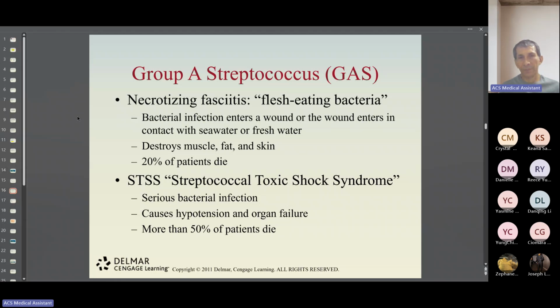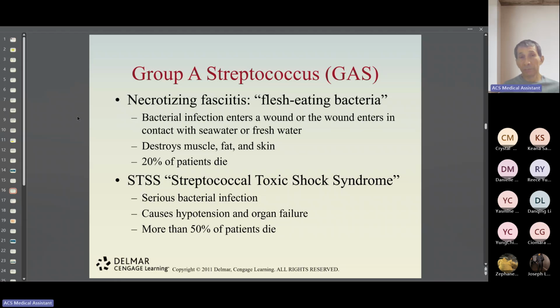Very serious. So basically, you need to have a port of entry through your skin. And sometimes you might find these streptococcus in places like certain rivers, lakes, ponds, even the sea. So we don't know where they are, but if they happen to enter your body, this is what's going to happen. Very bad.